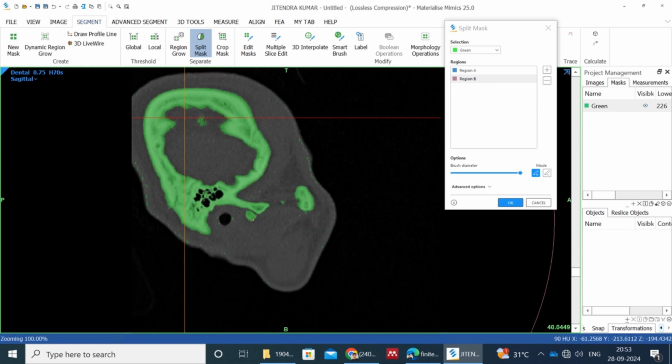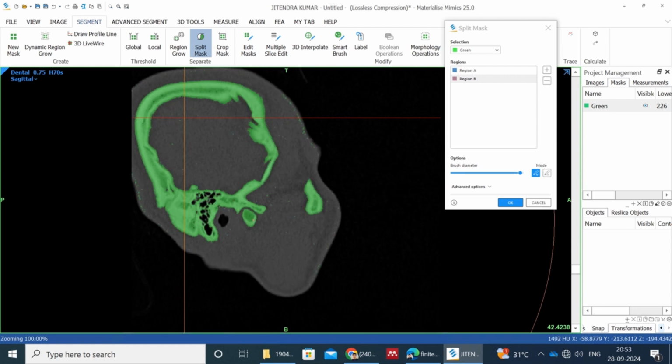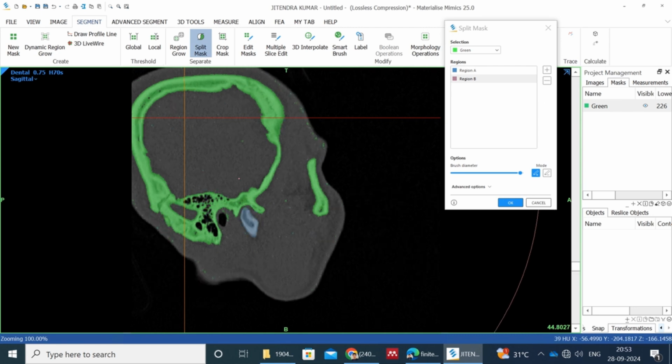Again, you have to be very careful. You have to see the slides in which we have turned the mandible blue. Only in those images we need to click with our mouse, and then this skull will automatically get turned into red.